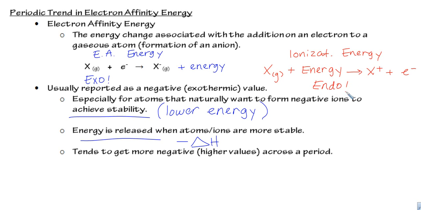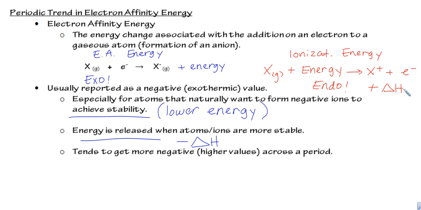And again, if we look at numerical values, it's always a positive. So these two are opposites. We usually reference ionization energy in terms of atoms that would like to form positive ions, because it's more stable to lose electrons.